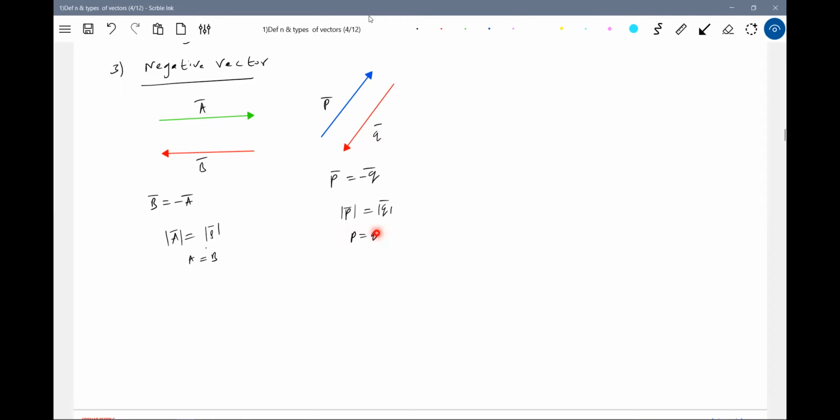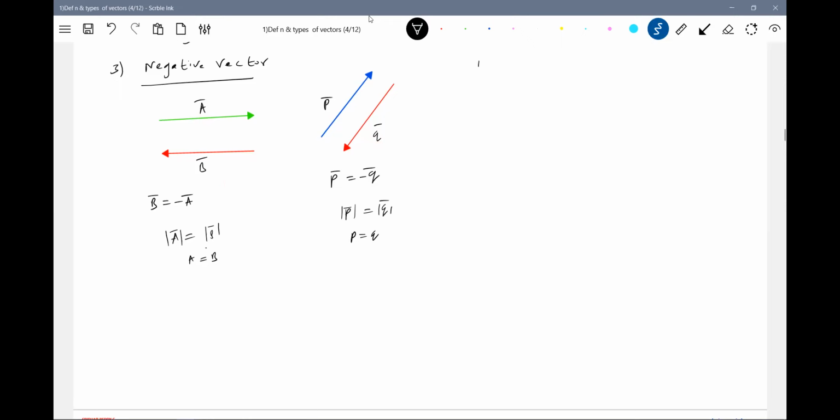If P equal to Q, it means P and Q indicate magnitude. So what is a negative vector? B bar will become negative of A bar, or A bar will become negative of vector B bar. P bar will become negative of vector Q bar.